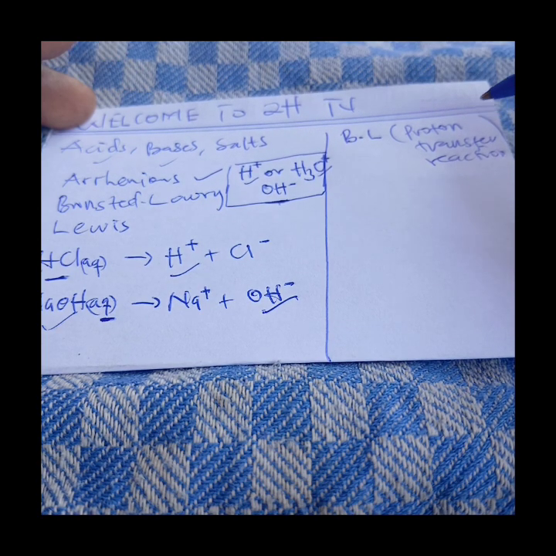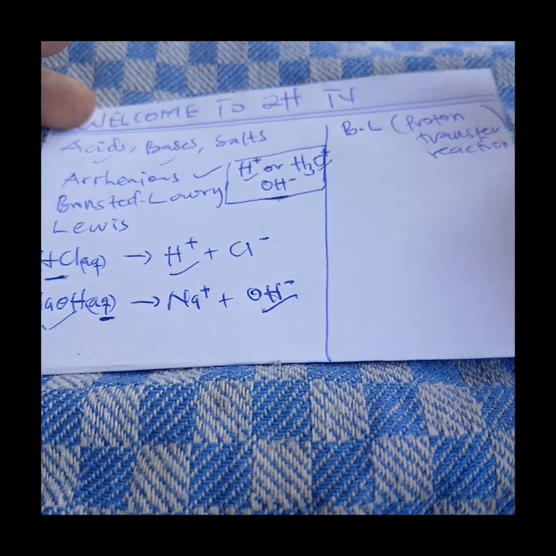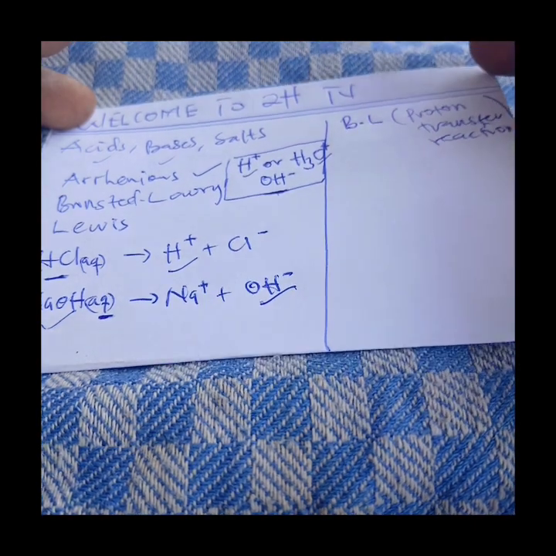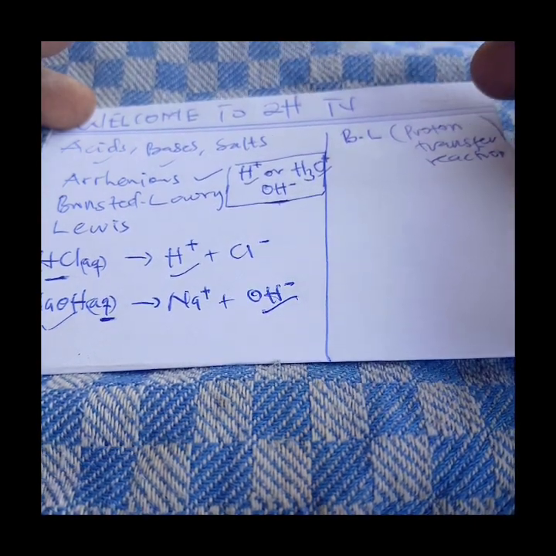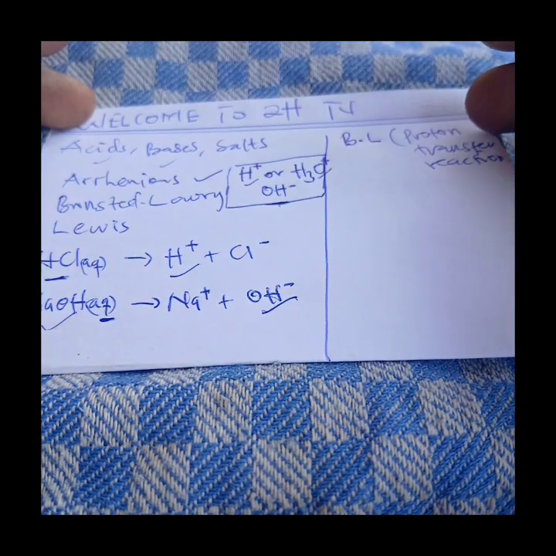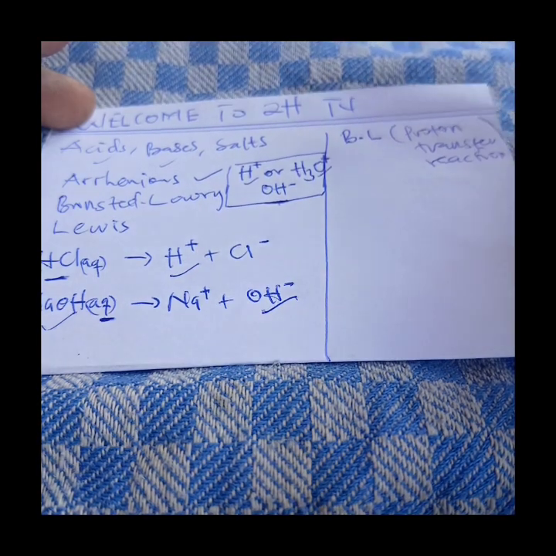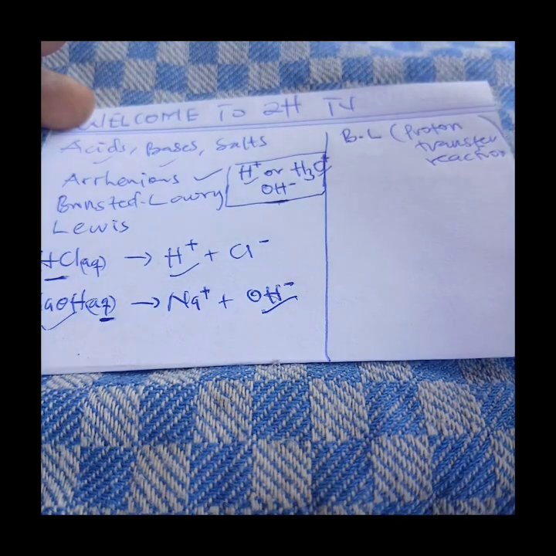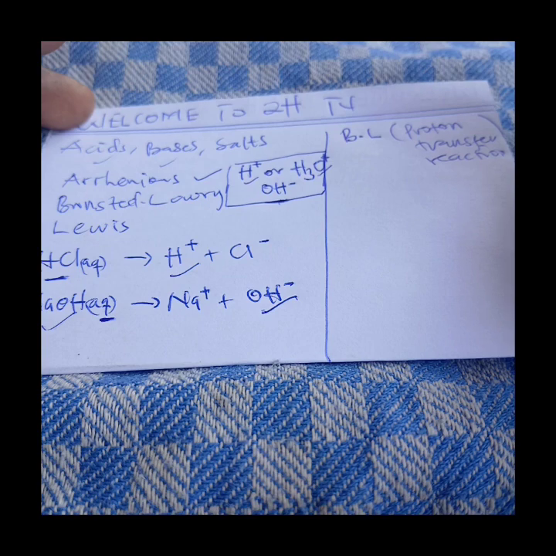Okay, so we are trying to understand the various definitions. Okay, so after we've been able to understand the various definitions by these three prominent scientists, then we will use the definitions to fish out the various examples that fall under them.